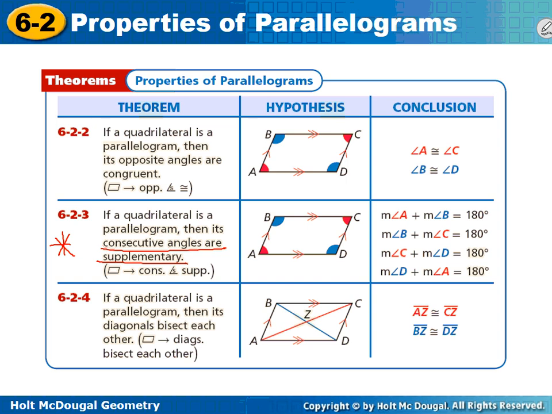So for example, if this is my picture up here on the board, this angle is 120 degrees. What is the angle next to it to the right? 60. If this angle is 60, what's the angle down below? 120. If this angle is 120, what is the angle to the left? 60. Because every pair of consecutive angles has to be supplementary.